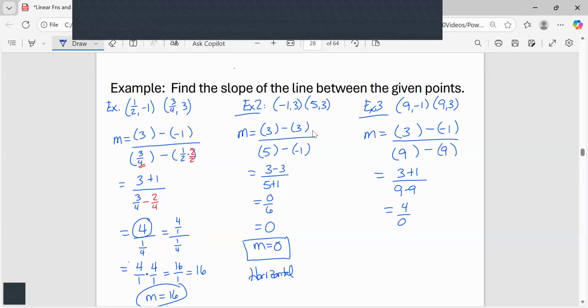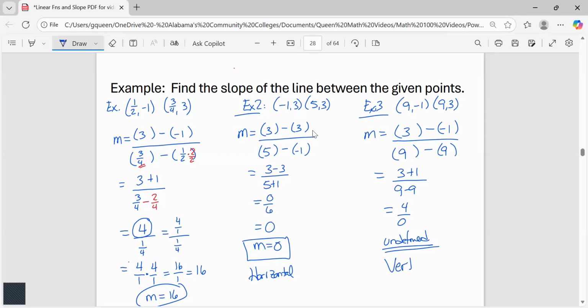What do you get when you divide any number by 0? If you plug this into your calculator, it is an undefined quantity. It's undefined. What kind of line has a slope that is undefined? This would be a vertical line. You can't ride your bike up a wall, so it has an undefined slope. Okay. So that's a little bit of practice with our slope formula.